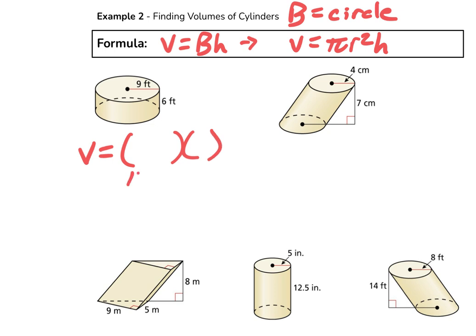I still kind of like to break it up into parts. Pi r squared times height. So we're putting the numbers in the right spots, and you can kind of see where everything goes. So over here, this would be pi times 9 squared, and my height would be 6.